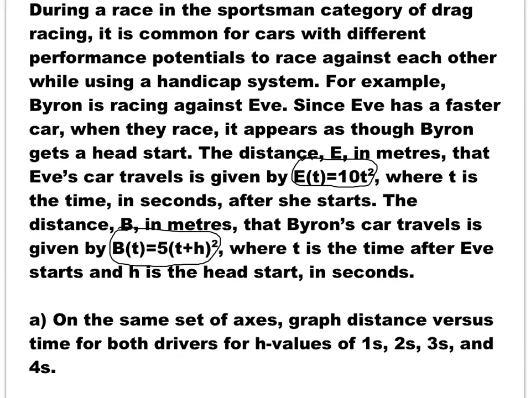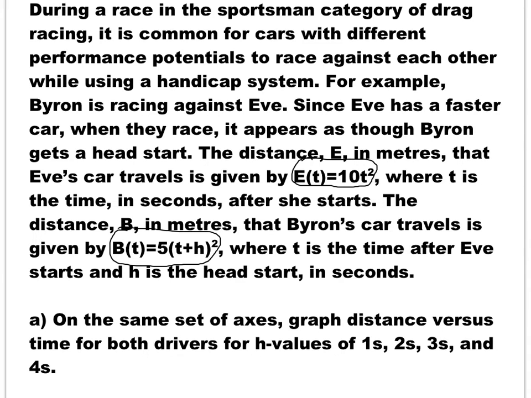The first part of the question asks, plot the graph of E(t) and B(t) for different h values. H here is the head start which is given to Byron because Byron's car is moving slower. If h is 1, 2, 3, and 4, we are supposed to plot the graph.